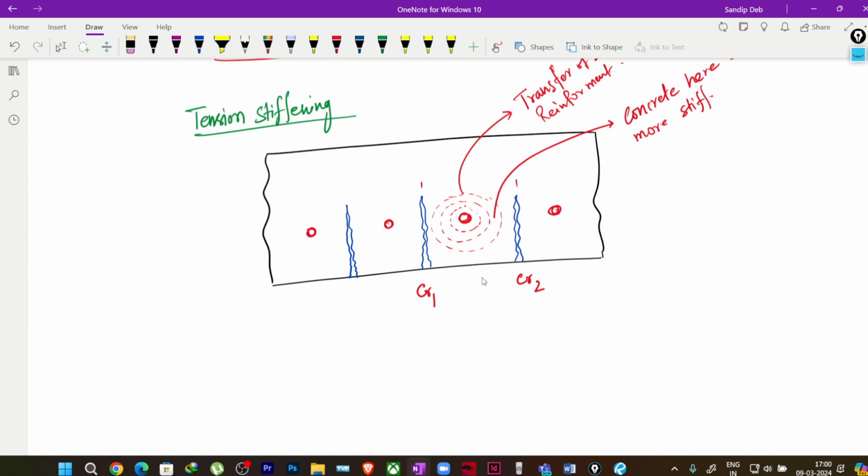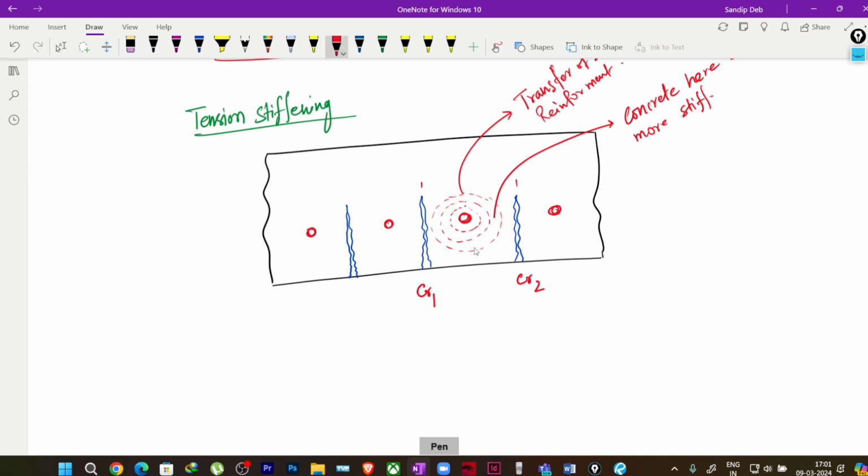So the stress is getting reduced in the concrete, right? So we know stress and strain are proportional to each other, so as the stress is reducing, obviously the strain will also reduce, correct?